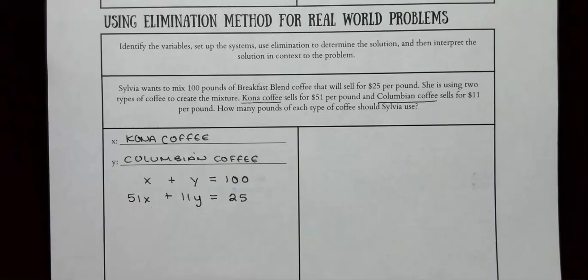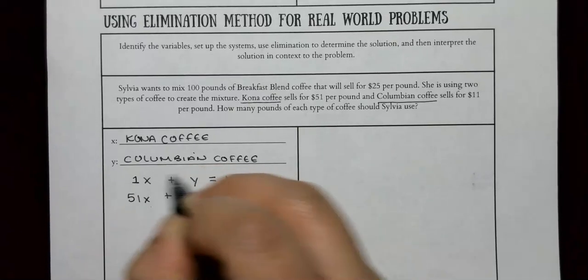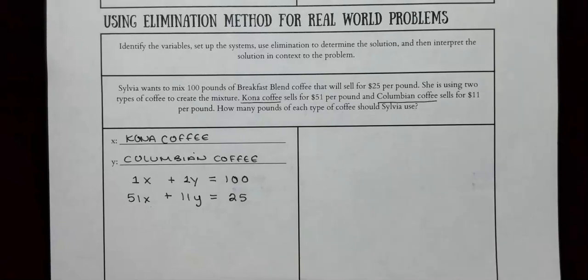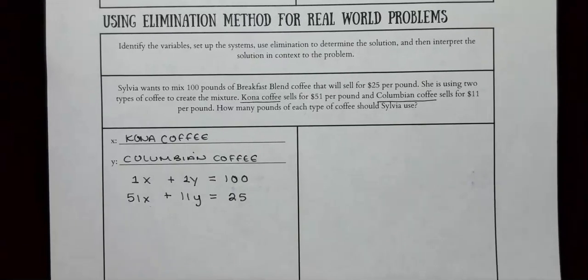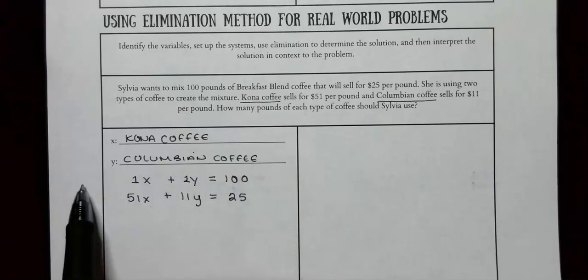Now here's the thing. If you're going to use the elimination method, remember what we need. We need the same number with the opposite sign. So these already have automatic ones. You need to make a decision. Do we want to multiply this entire equation by negative 51 so the x's can cancel out? Or do we want to multiply it by negative 11 so the y's can cancel out?